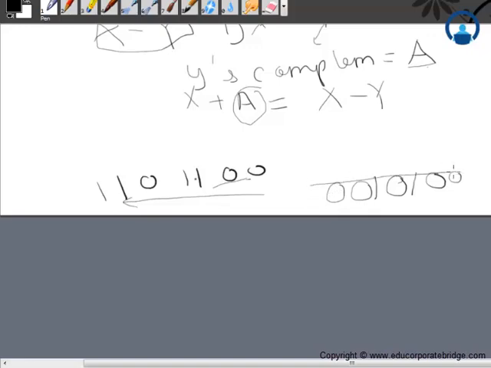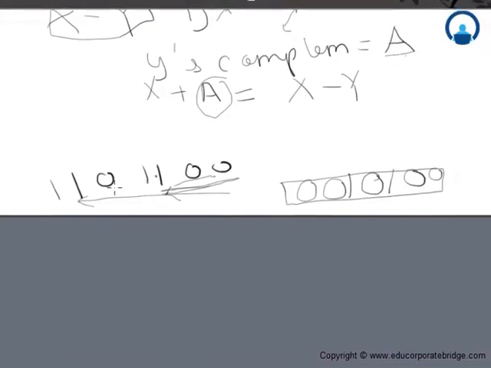That is the 2's complement of the number. So we don't take complements till we find a 1. After we find the first 1 from right to left, we start taking the complements of the bits after that. Hence, this is the 2's complement of this number.